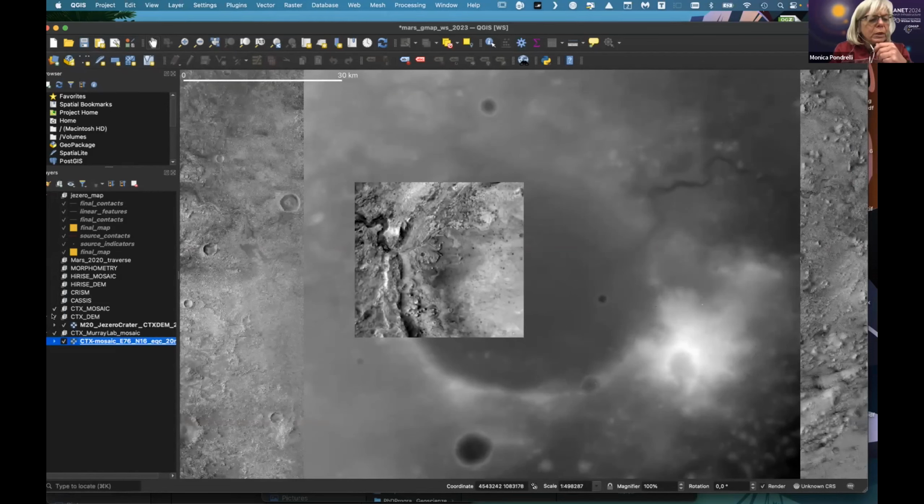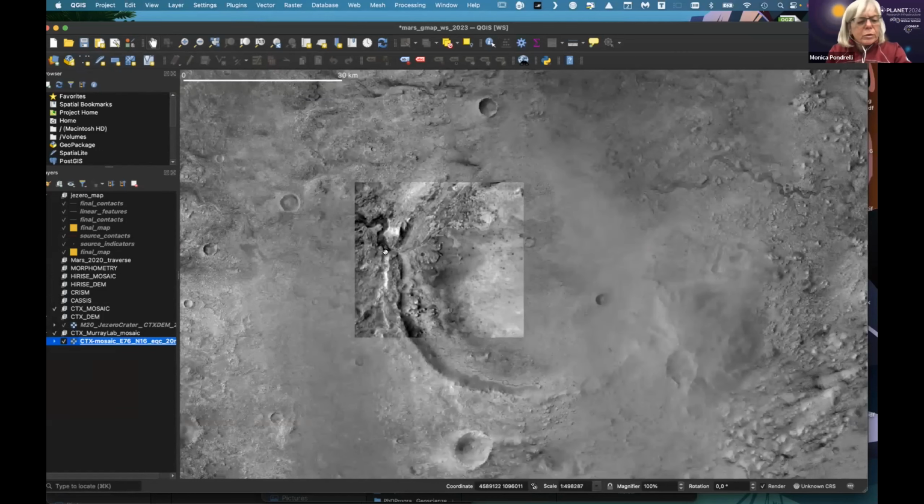I'm going to switch off the DEM because it's a bit disturbing. But the map will be done only on this part of the area.